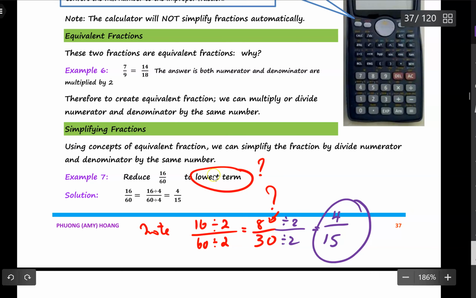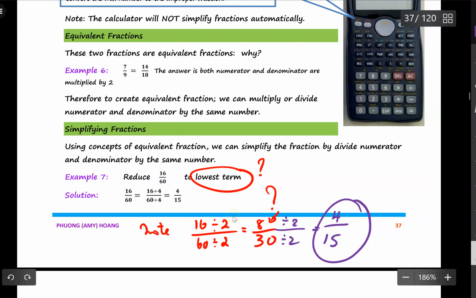You see in this process that if you cannot think of the number 4 right away to divide the top and the bottom by, then you can always start with the lowest prime. We learned about primes in the previous lesson. The lowest primes are 2, 3, 5 and so on, but 16 and 60 are both even numbers, so you should choose an even prime to divide by.